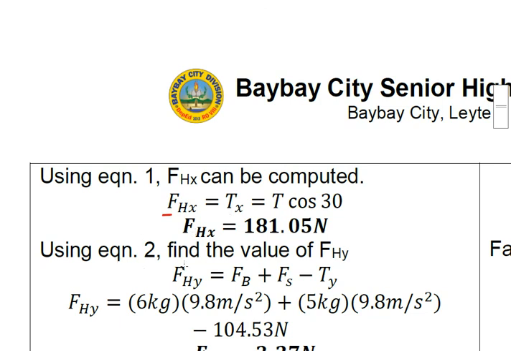To find the FHY, you can just use equation 2. So you have here FHY is equal to FB plus FS minus TY. Where does TY go?